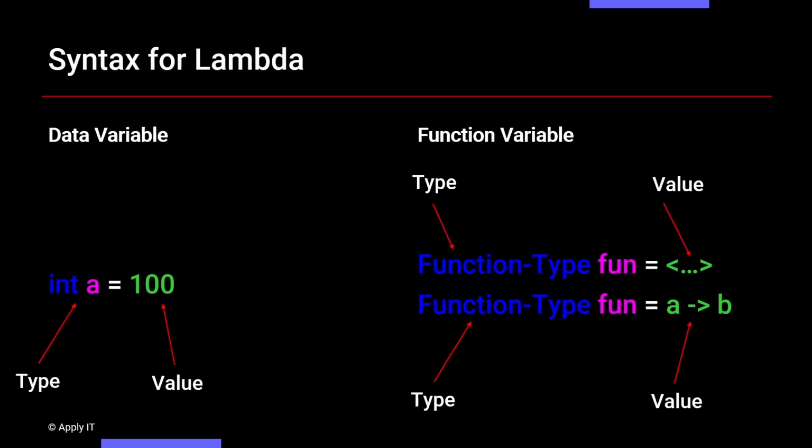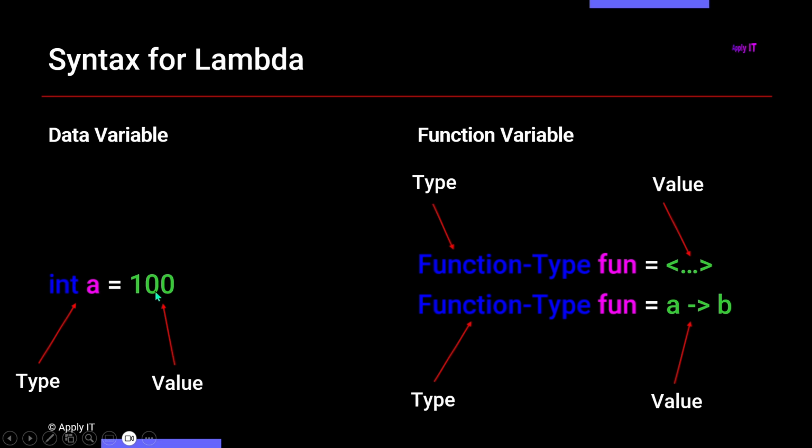Now if we compare creating an integer variable and creating a function variable, it will be like this. Here we assign this value in the form of A arrow B, which is called function as a value, to this fun variable. The data type of this value is here. Like we have the data type of this 100 in this specification.